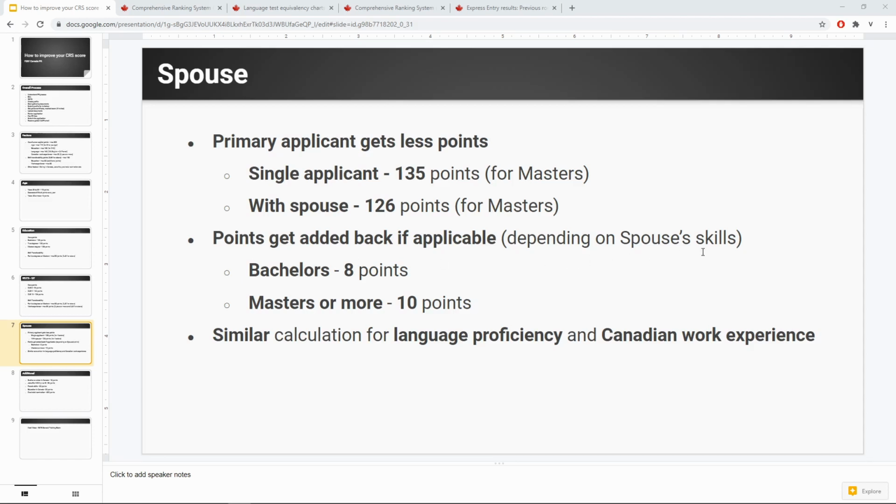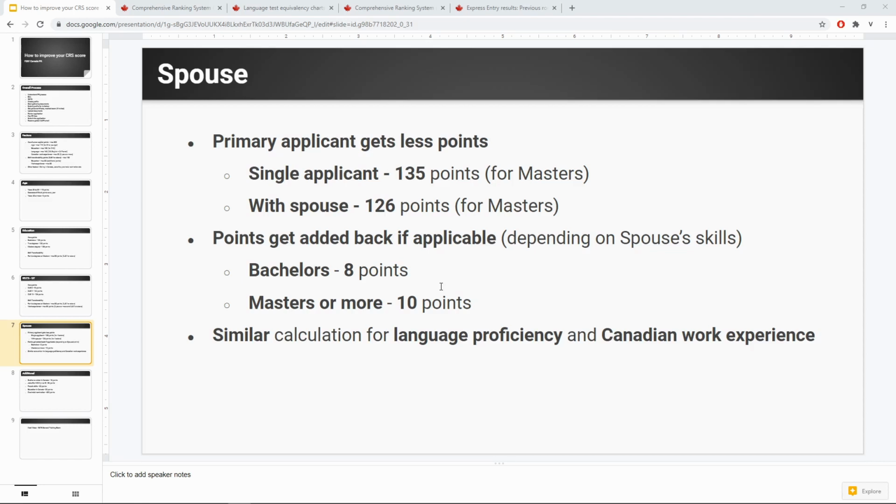So if your spouse has a bachelor's degree, then you will get 8 points, and if your spouse has a master's or more, then you will get 10 points back. So let's say you and your spouse both have master's degree, then you will get 126 plus 10, that is 136 total points for your education.